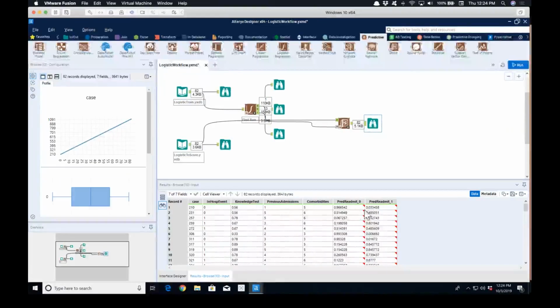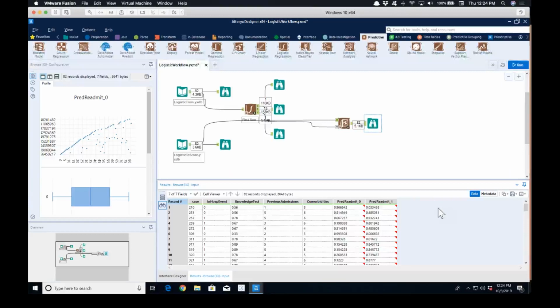Okay. So we have 2 new variables. And what these variables are is the predicted readmit. This first one is the probability that this person is a 0, and then the probability that they are a 1. Now, one of the things that I would like in the scoring tool that isn't here is actually getting the predicted logit, because sometimes we may want to do something with that afterwards.